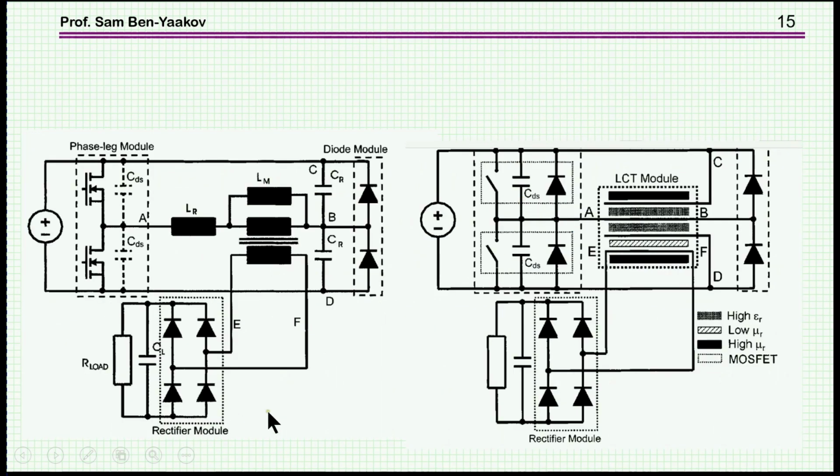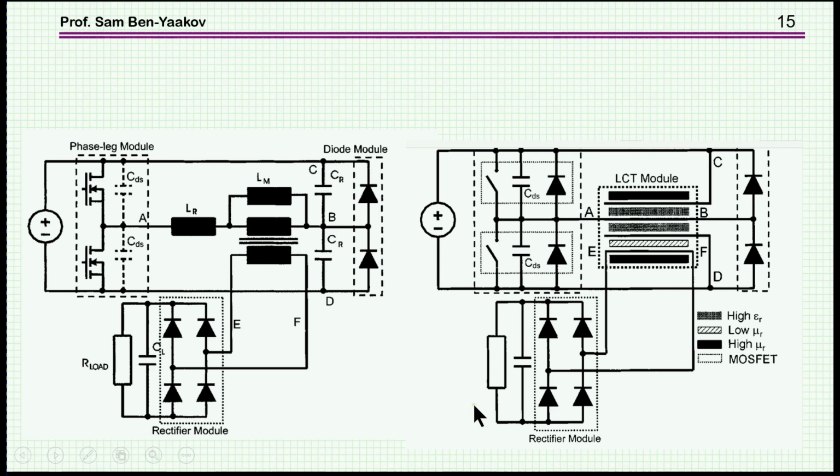So this is a resonant converter. We have a resonant inductor. This is the magnetization inductance. This is now the transformer. Then we have capacitances here. This could be an LLC structure. What they show in the paper is that they can combine all of these into one structure.